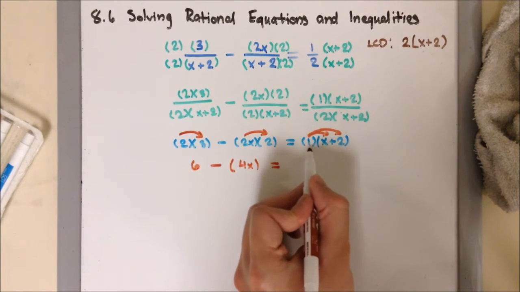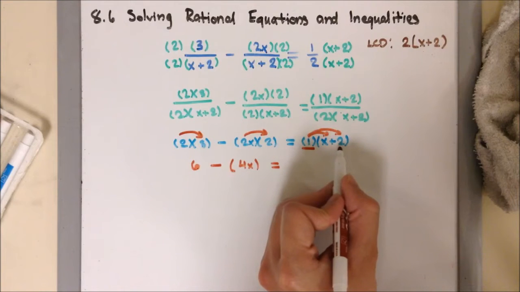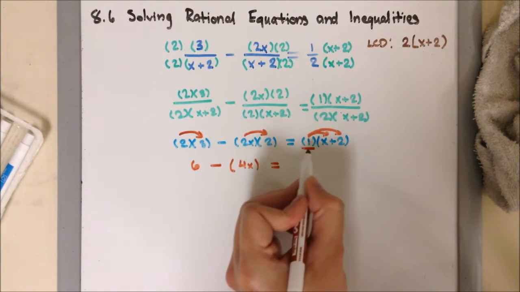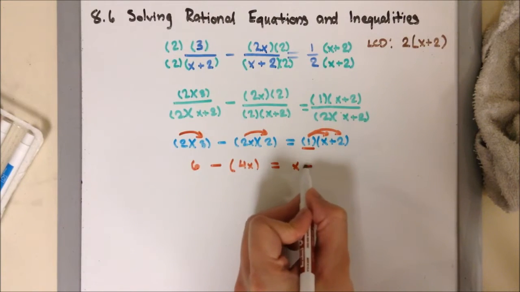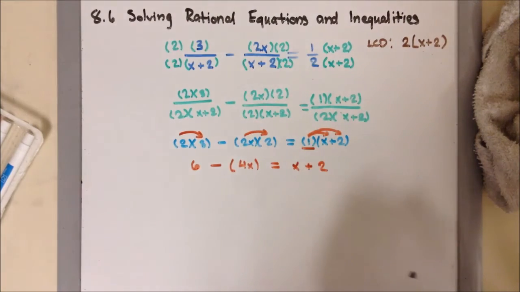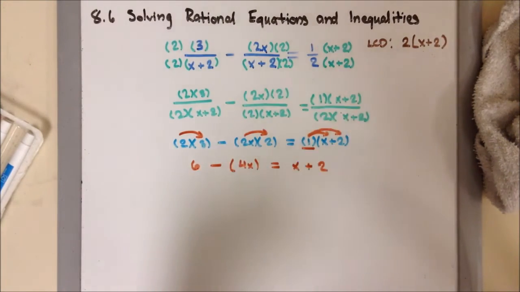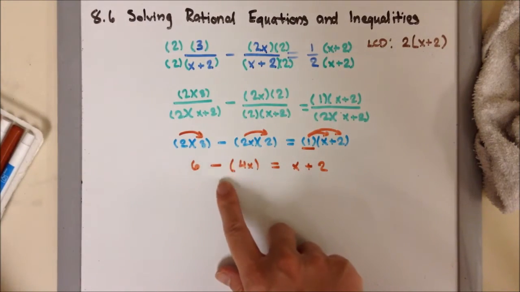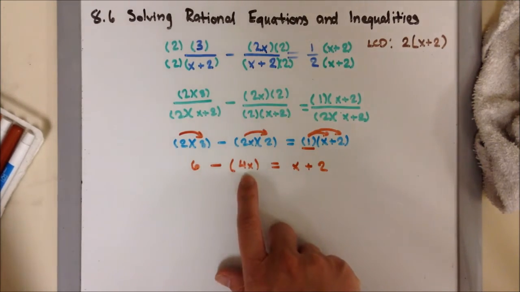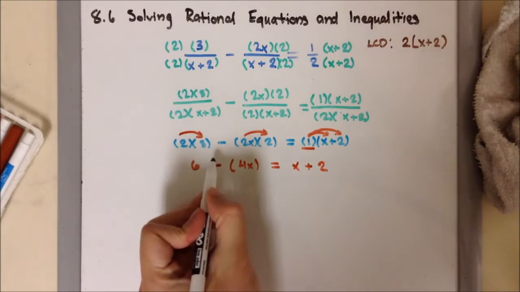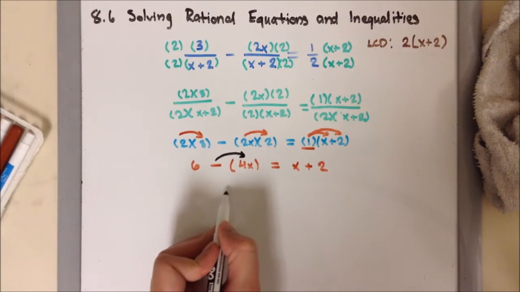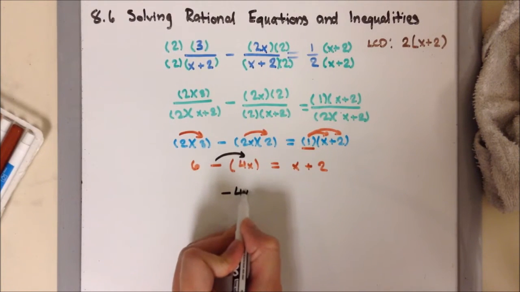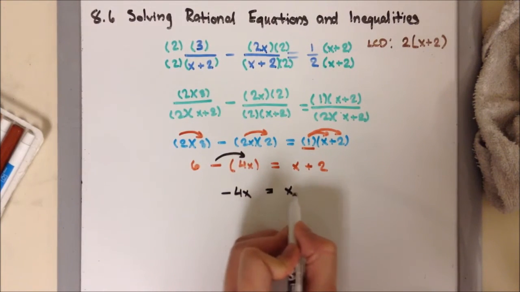I'm going to distribute my 1 to the x and plus 2. So 1 times x is x. 1 times positive 2 is plus 2. After that, I'm going to distribute my minus to the 4x. So when I distribute the minus to the positive 4x, it becomes negative 4x or minus 4x. I'm going to bring down everything else.